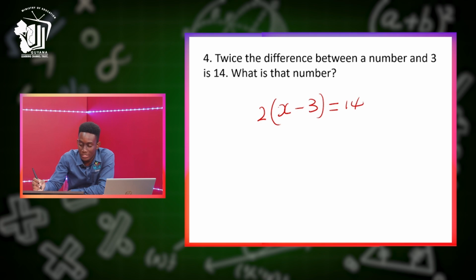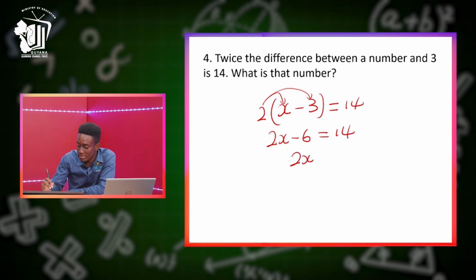So this is equal to 14. So we have to solve for x. What we can do is distribute this 2. So 2 times x will give you 2x, and 2 times negative 3 would give me negative 6. That is equal to 14. And then we solve from here. So this is 2x. So this 6 is subtracting. When we take it over, it will add. So 2x is equal to 14 plus 6.